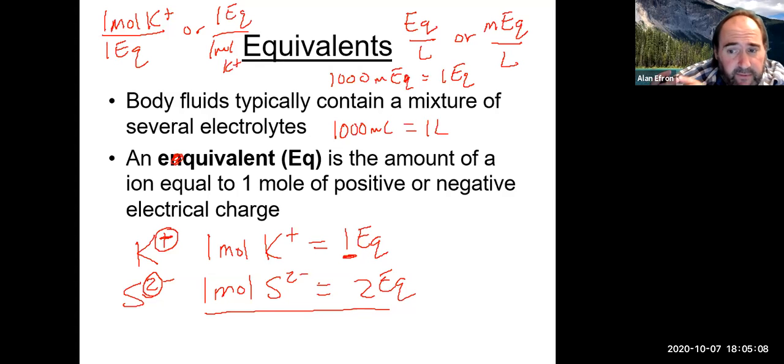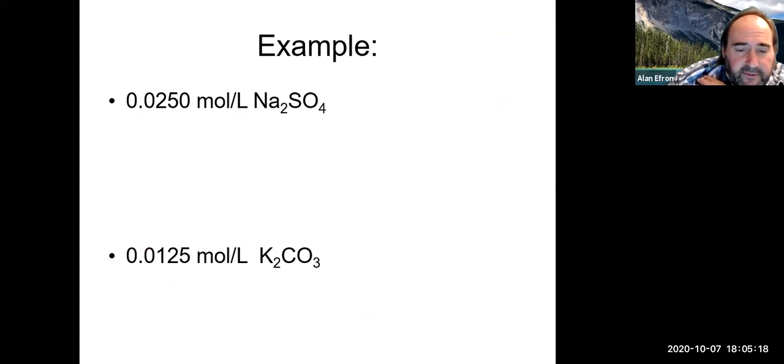So a lot of times we will be converting units into equivalents per liter or milliequivalents per liter. So let's take a look at a couple of examples to see how we get there.